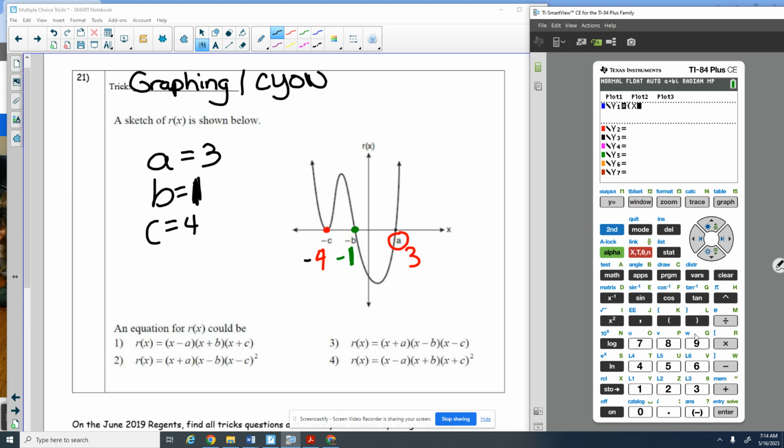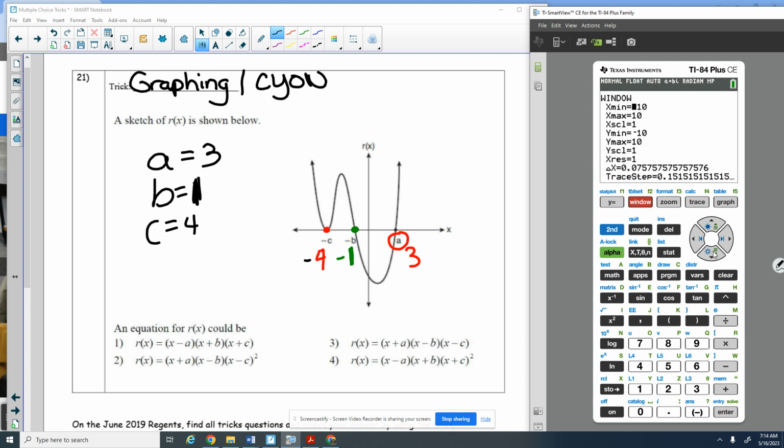And when you use tricks, I do want to point out that you can make logical decisions. Like, you know part of the problem, or you think you know what the answer is, you can check specific answer choices in an order just to save yourself time. So I'm going to try choice 2 first is what I'm typing in. So Zoom 6 to start out, and I see this one is backwards. Okay.